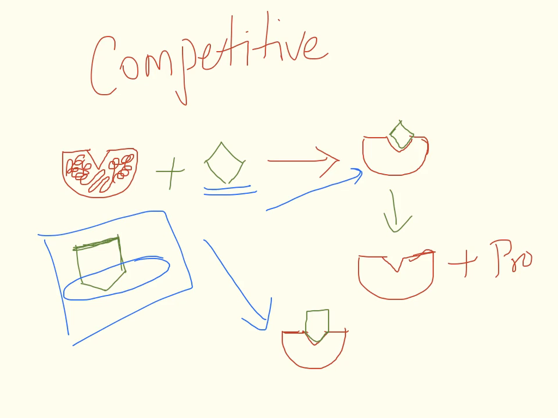So what's happening? Our inhibitor is competing for the active site. So we want this product, but we're not getting it. Here this inhibitor is stopping this reaction from taking place. So this is a competitive inhibitor.